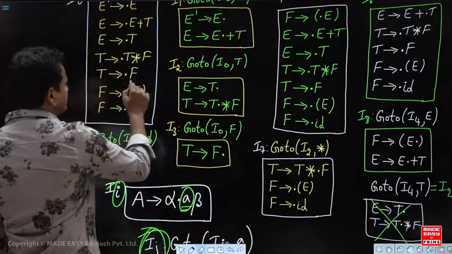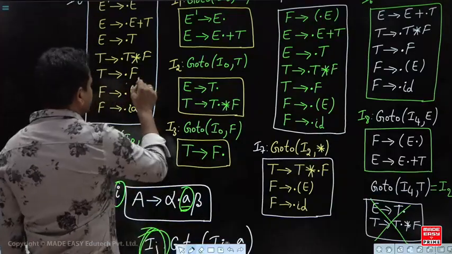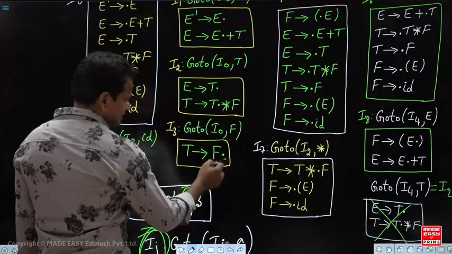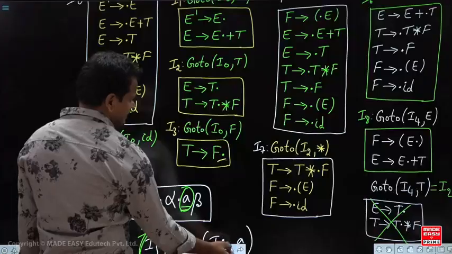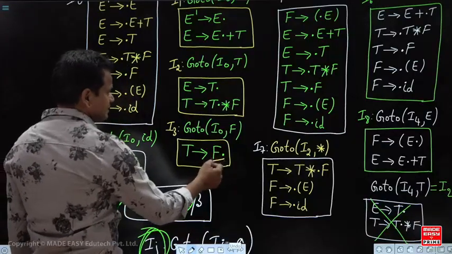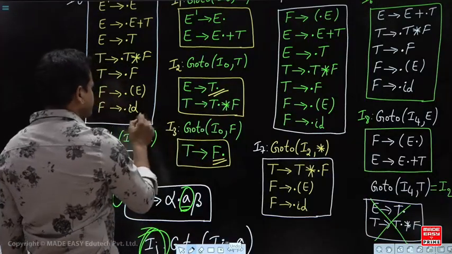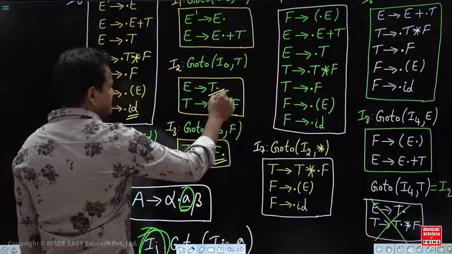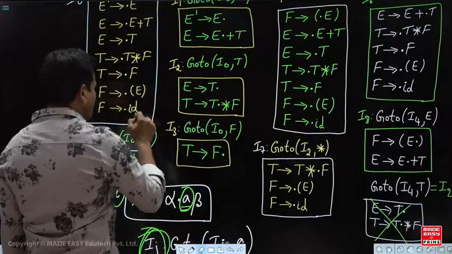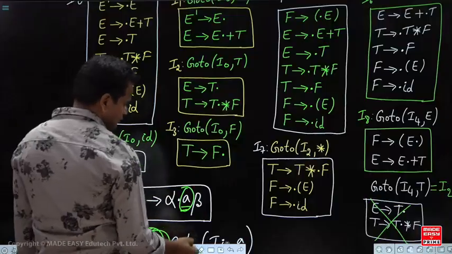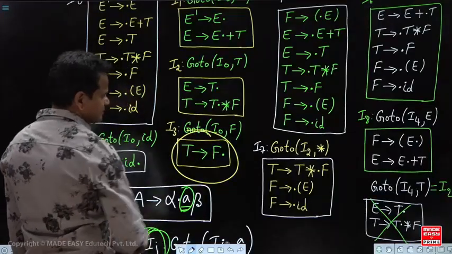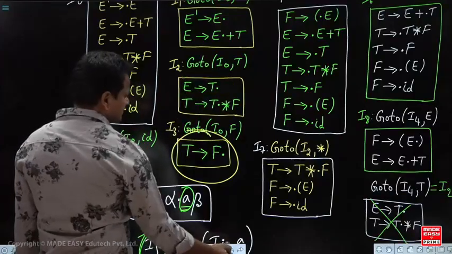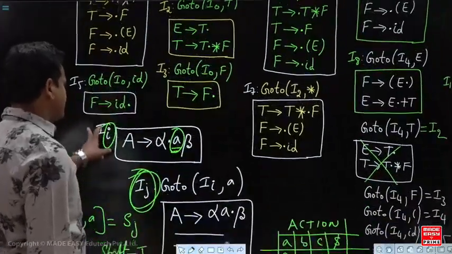Dot after, if it is a non-terminal, we enter in the go to part. And if the dot reaches the end, for final items, and for shift symbol terminals also, we enter in the action part. Now how to enter for final items, where the dot reaches the end.